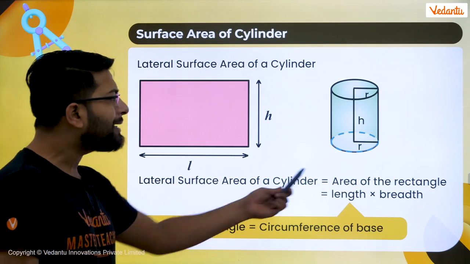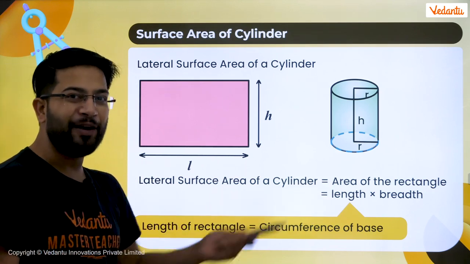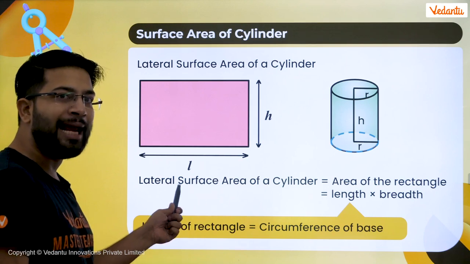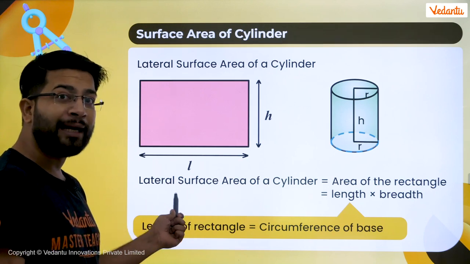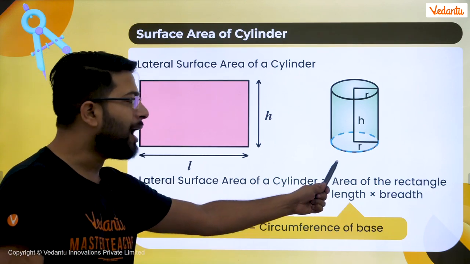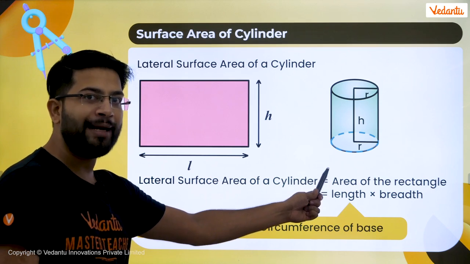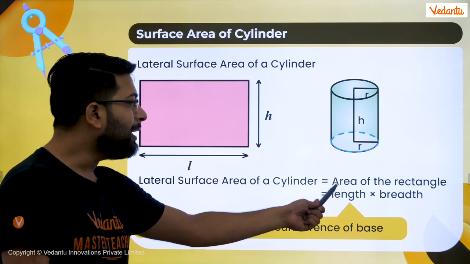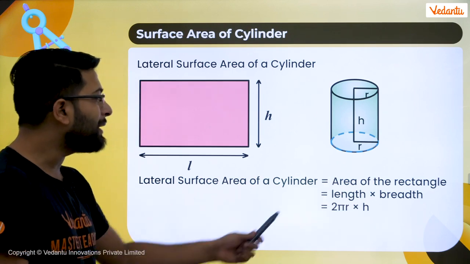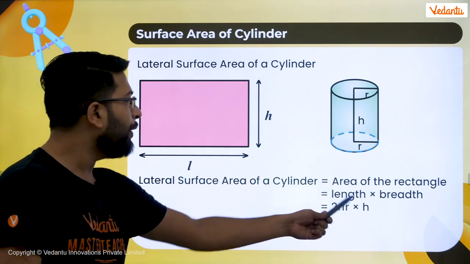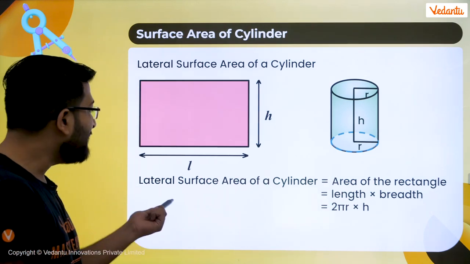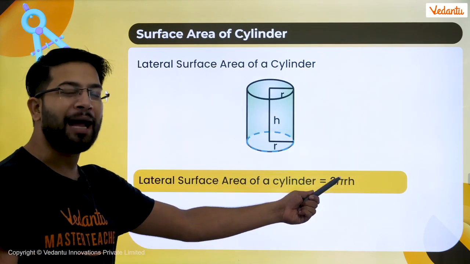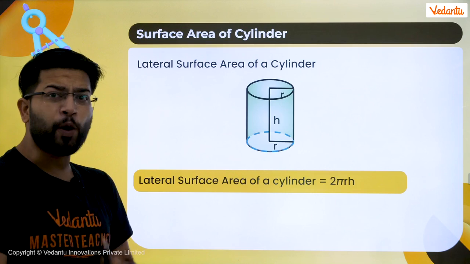We know that the area of the rectangle is length into width. And if we are rolling the rectangle along its length, the length of the rectangle is getting converted into the circumference of the base of the cylinder. That means I can write the length is equal to 2 pi r and the width was h. So hence we get the lateral surface area of the cylinder as 2 pi r into h. I hope you got it.